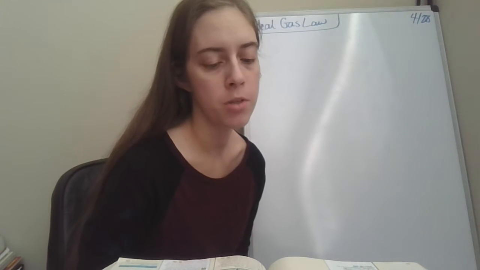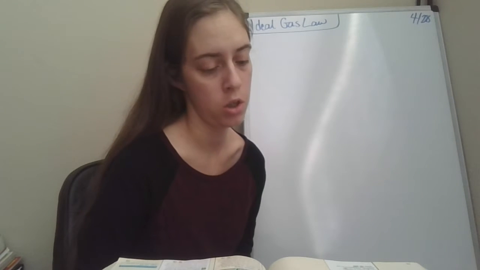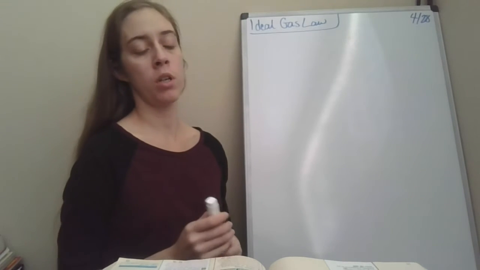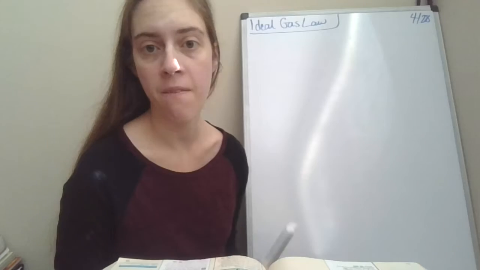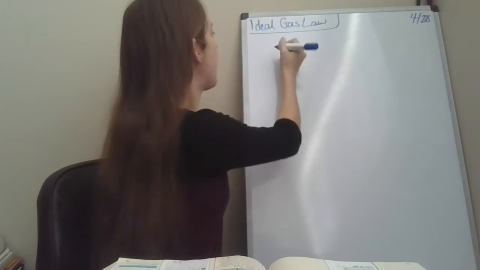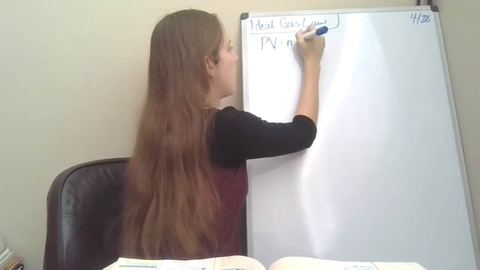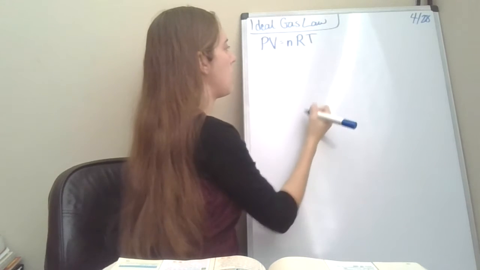Because pressure, volume, temperature, and the number of moles are all interrelated, it would be helpful to have one equation. Page 434 gives you a mathematical way of finding this equation, but ultimately the ideal gas law is PV equals nRT.